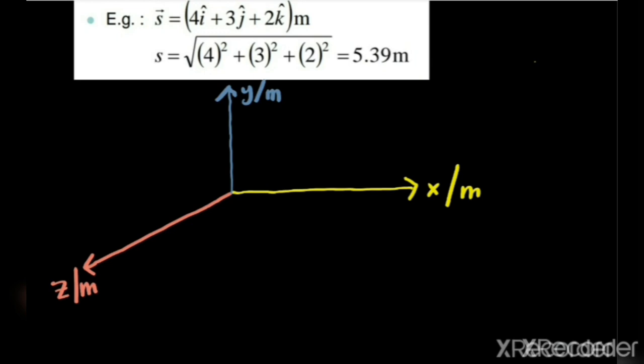To determine the position of vector S, it is easier to refer to the position of a box. In this example, your box is in the positive x-axis, upward on the y-axis, and in front on the z-axis. So, okay, we sketch the box.